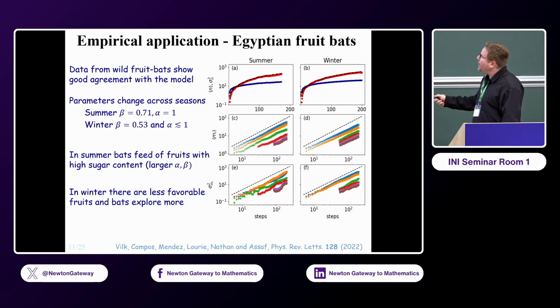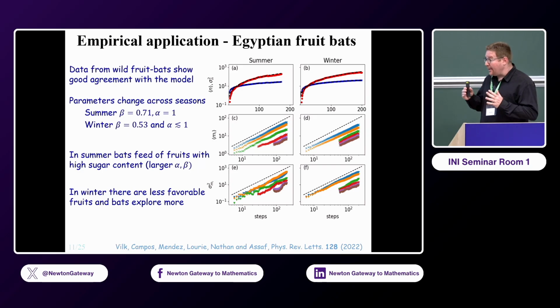First of all, by looking at the mean, you can fit the value of beta, the exploration exponent. And you see immediately that in the summer, the value of beta is higher than in the winter, which means that in the summer, the bats explore less.